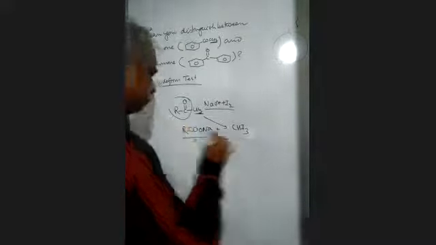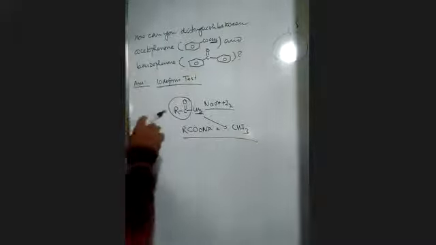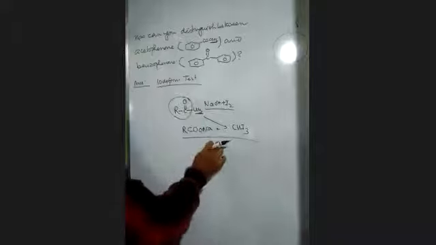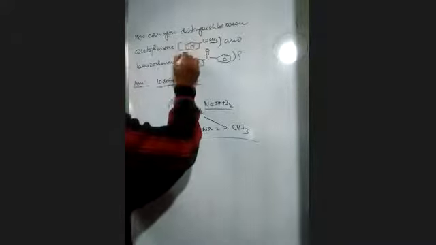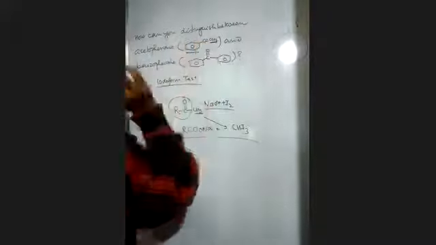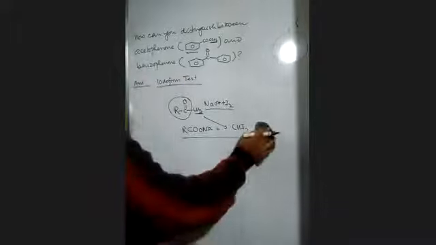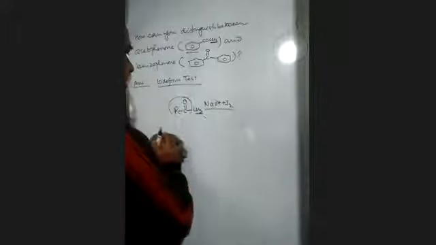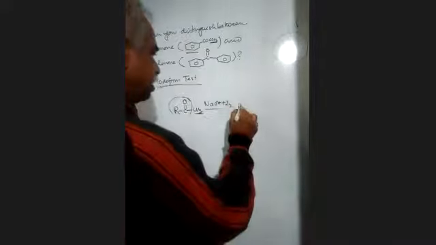Understood? So you write the equation. This portion will give you RCOONa. R is what? This is R. After that you write COONa, and from here you write this. You should be independent. Okay, and don't write this one. You write now here.